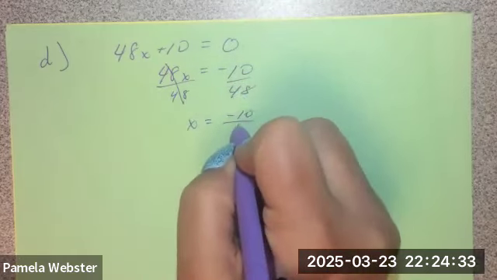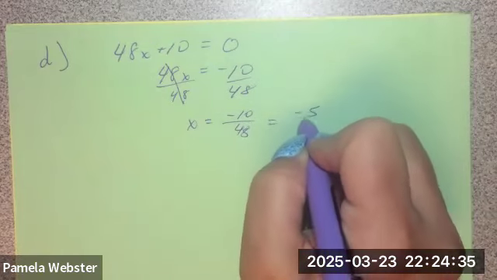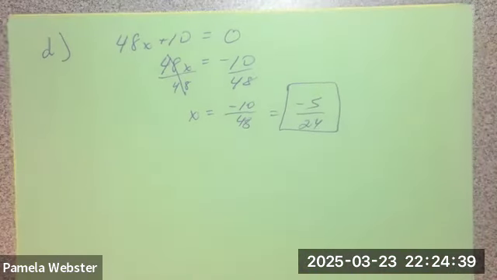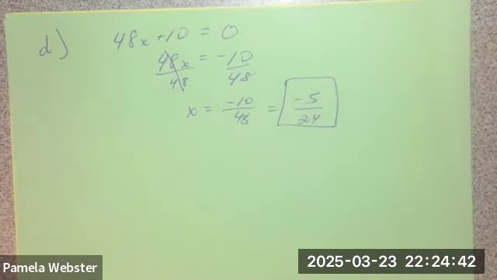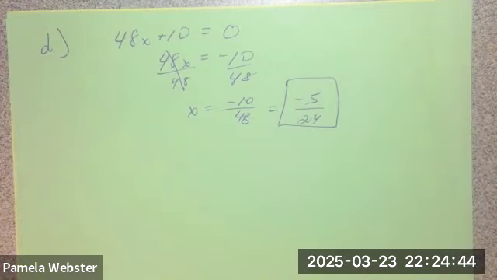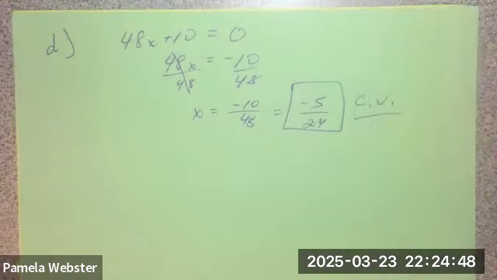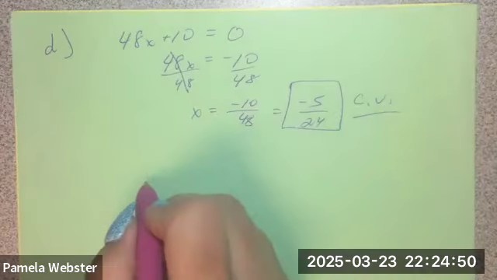X equals negative 10 over 48. That's a negative 5 over 24. Again, it's a fraction. It's not pretty, but it's doable. Okay. So I have a critical value at x equals negative 5/24.